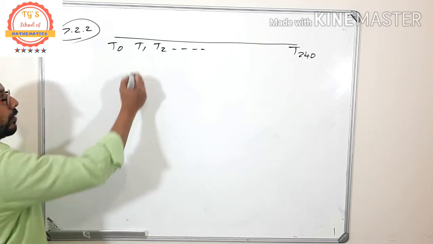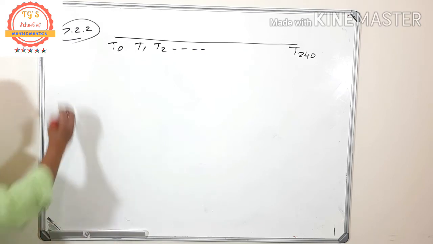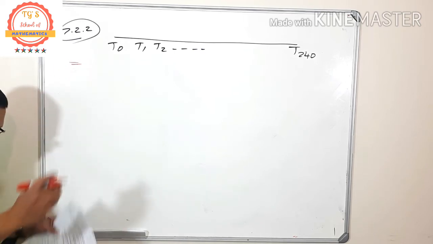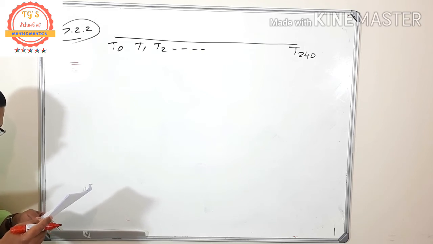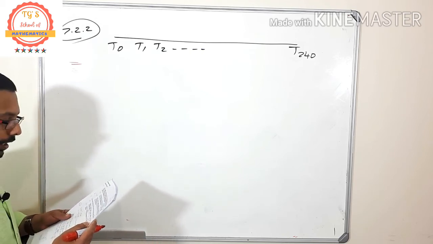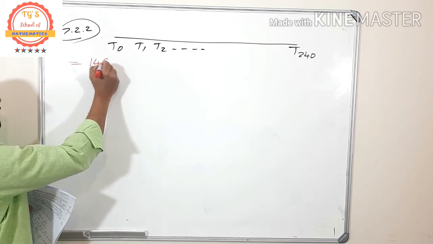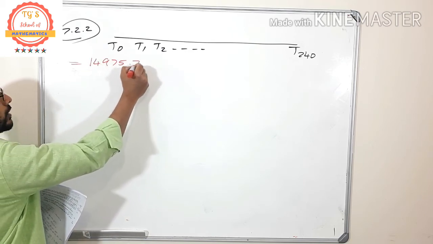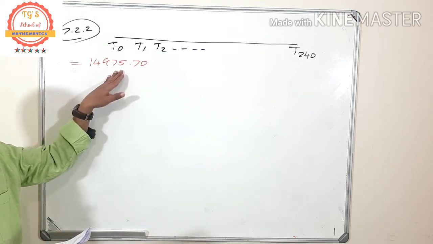Okay, and what was the monthly installment we got? 14,975.70 cents. This is the monthly installment.